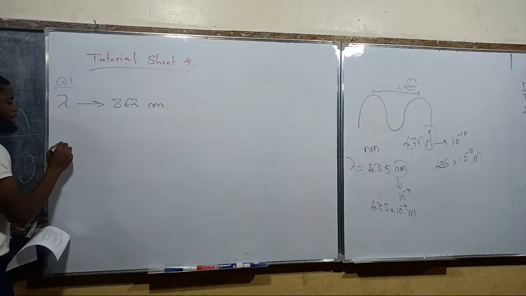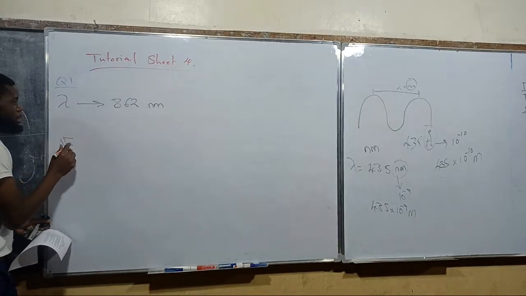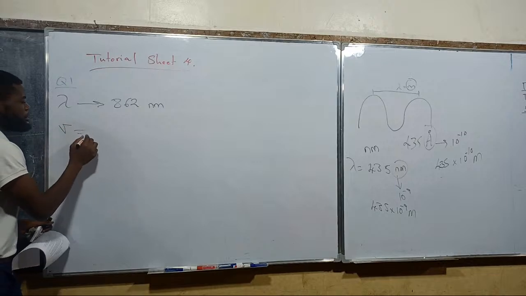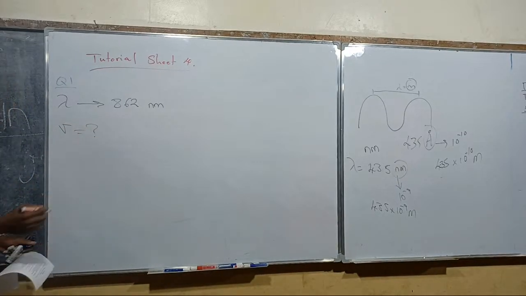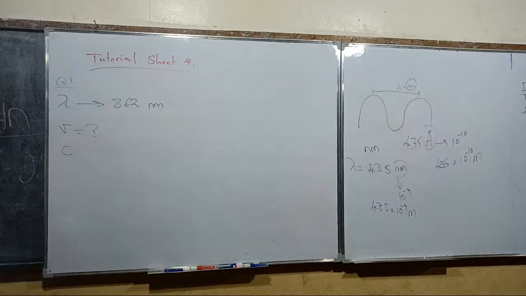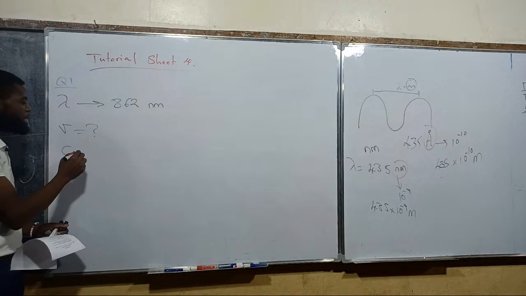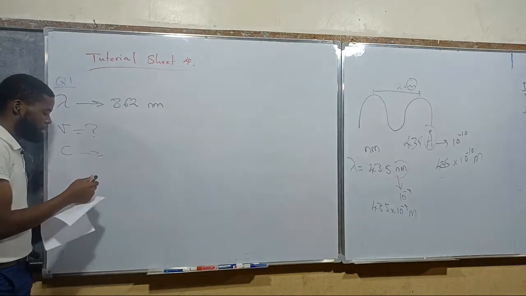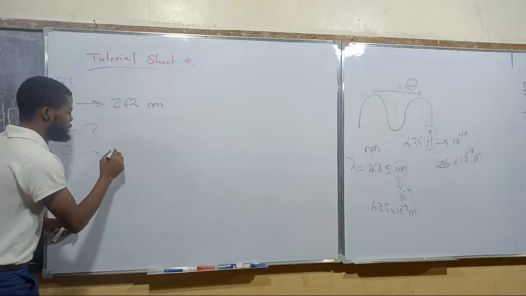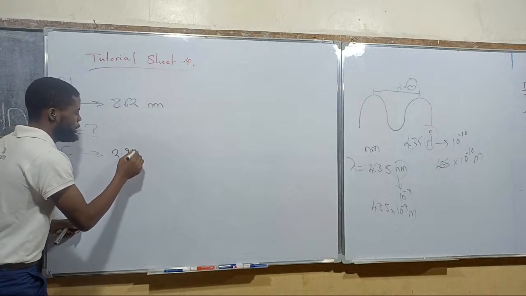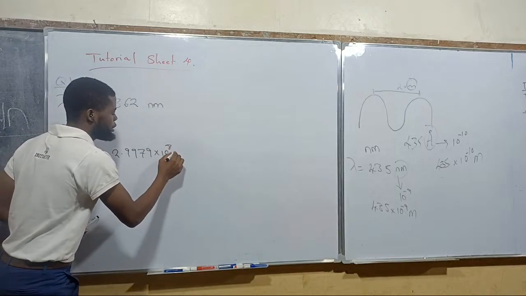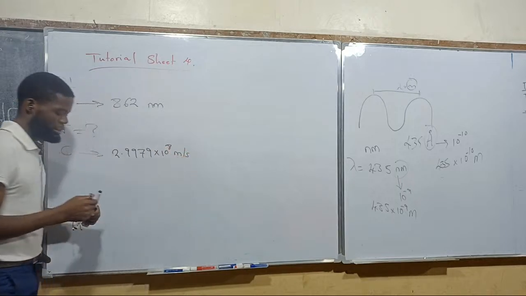So the question is wanting us to calculate the frequency, which we do not know. And of course, because it's light, it will travel at a constant speed. The constant speed of light is 2.9979 times 10 to the power 8 meters per second.